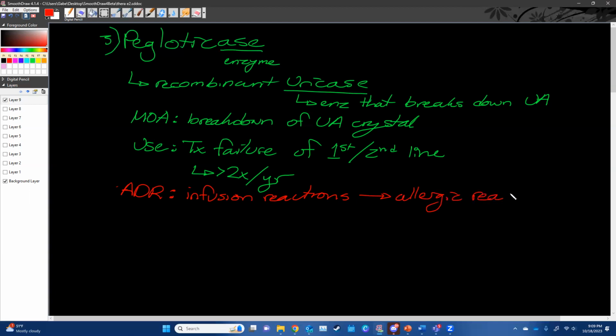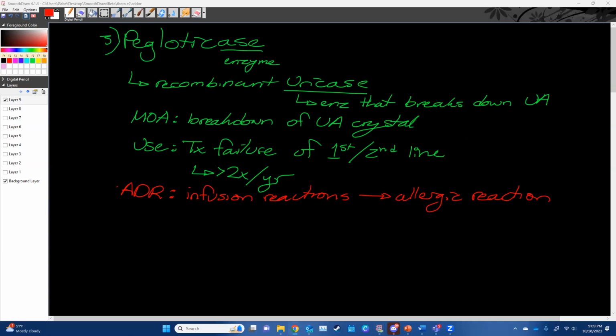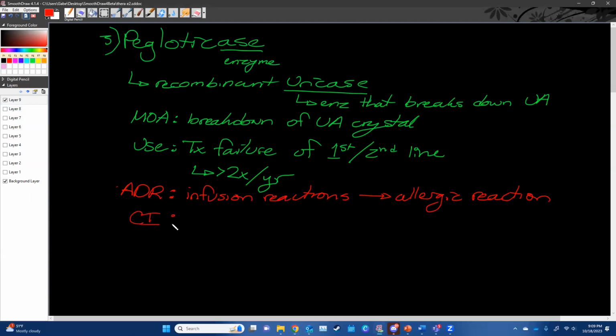And these can be pretty severe, all the way up to pretty nasty anaphylaxis. It's pretty bad. And so we have to be really, really careful. We might give like a test dose, different stuff like that.